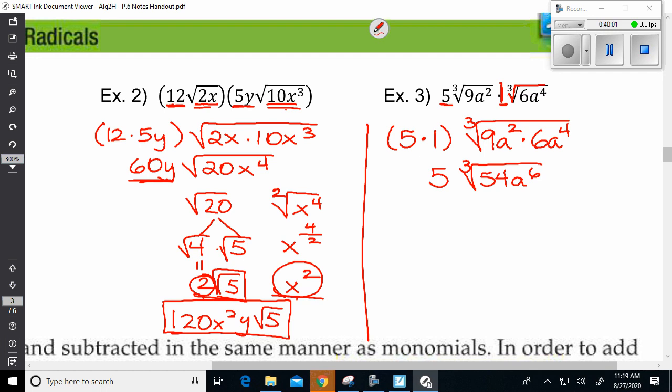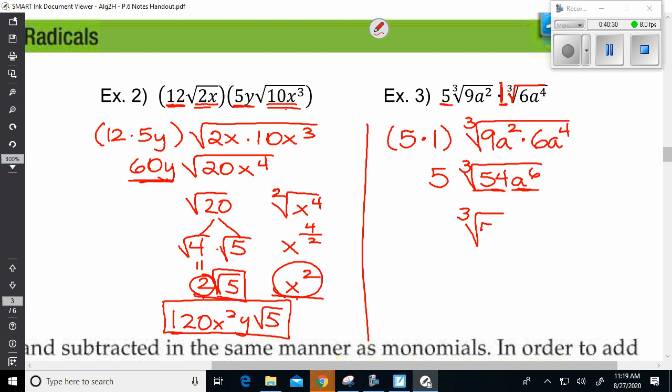Questions so far? All right, let's keep going. So 5, we don't have anything to do with it yet. Now let's deal with the 2 parts underneath the root.